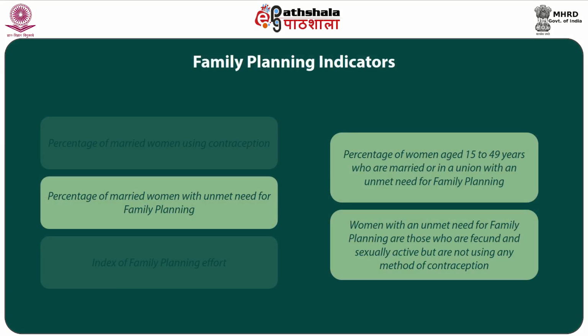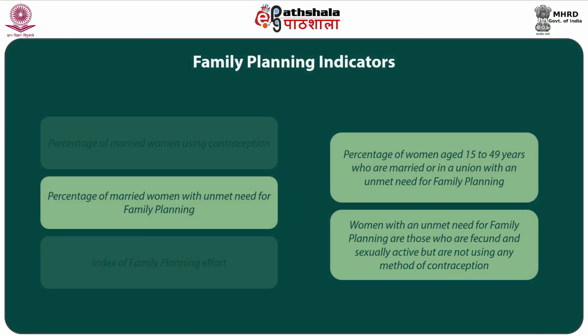Let us continue the discussion on indicators related to family planning or contraception. Percentage of married women with unmet need for family planning. Unmet need is an important area in family planning and contraception. Particularly in many developing countries, this is an important issue that needs policy and program intervention. From that point of view, this is an important indicator.